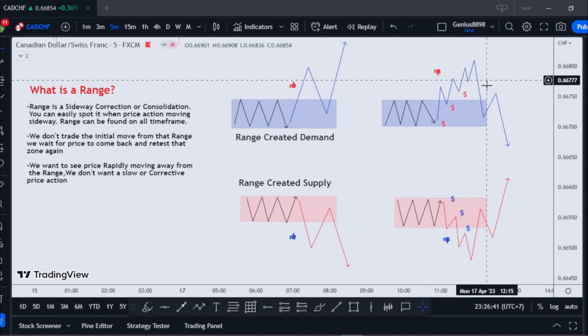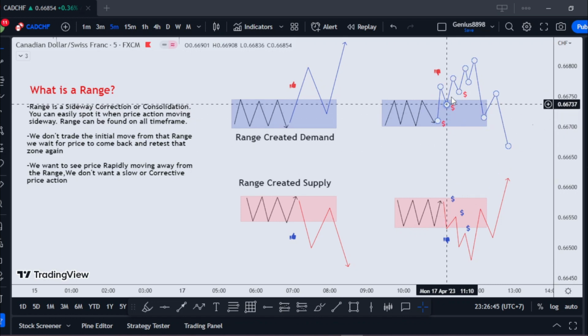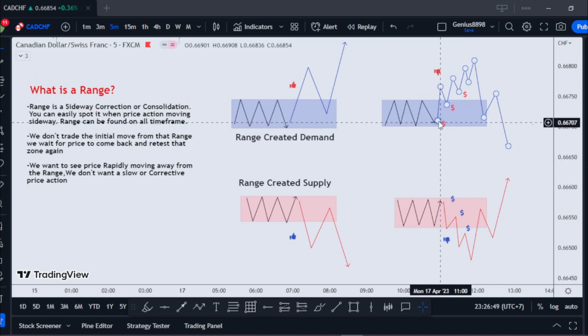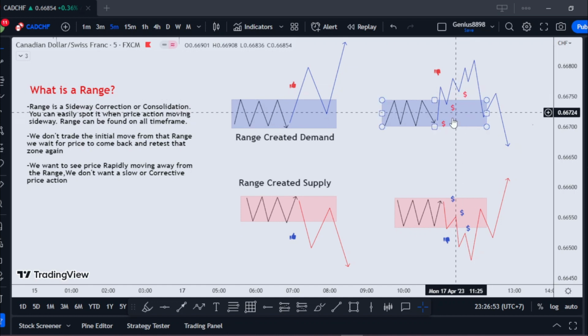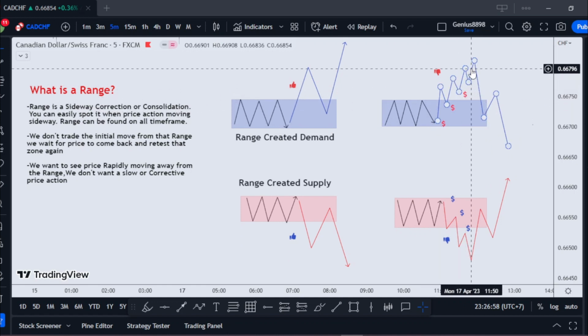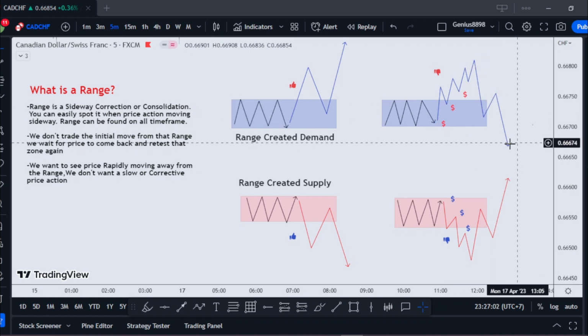The reason we don't like to see this, or don't want to trade this, is that when price moves correctively like this and breaks out of that range, it creates liquidity below this low. So when it starts to do this, it creates liquidity. What is price going to do? It wants to come down and take out that liquidity, right?